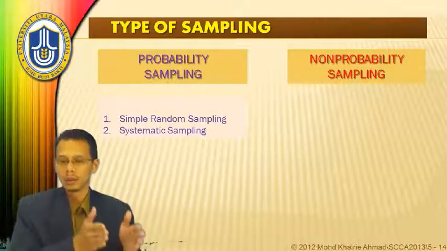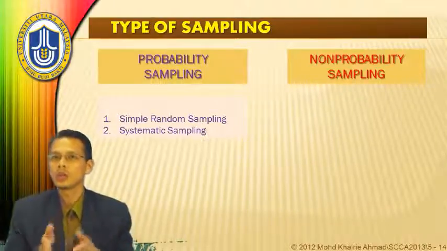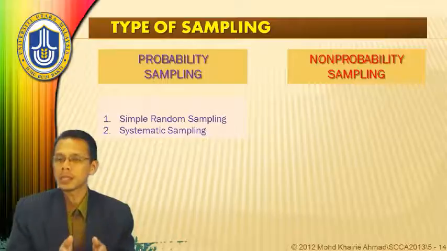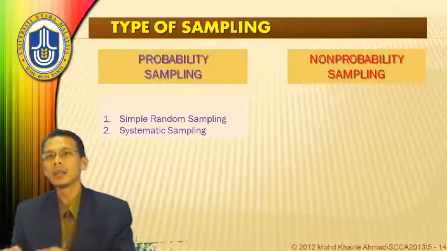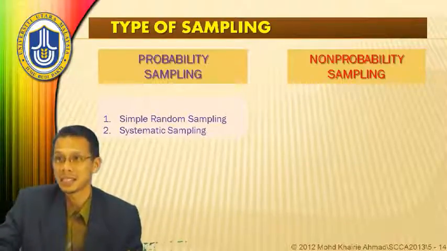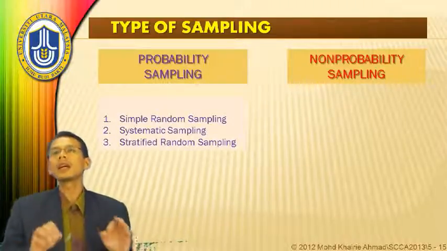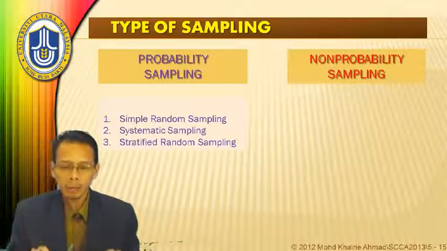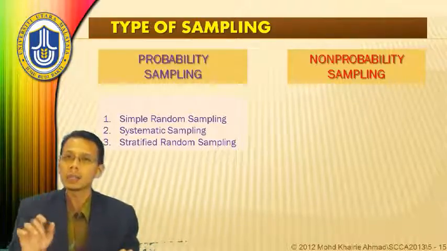So we list their names according to number 1, 2, 3, and so on. Every third person that we list, we will choose as our sample. That is what we mean by systematic sampling. The third type of probability sampling is what we call stratified random sampling.